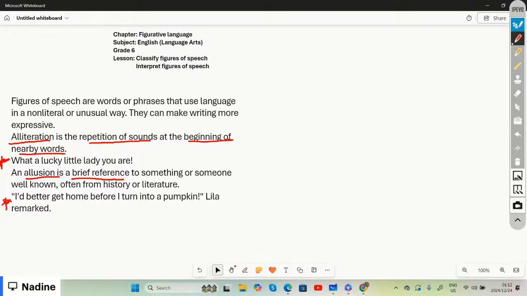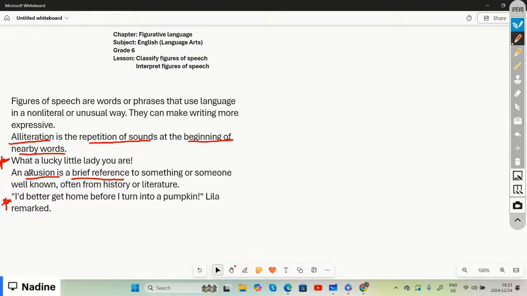And mainly most times it is from the past or from literature.